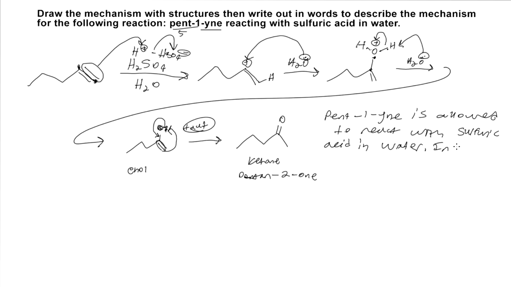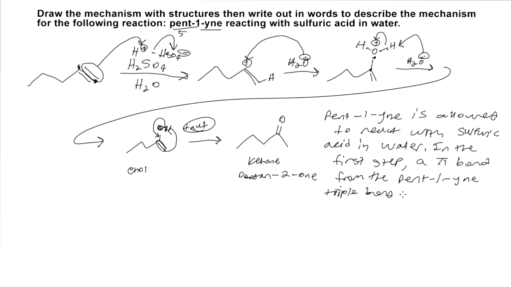In the first step, a pi bond from the pent-1-yne triple bond will act like a pair of electrons.